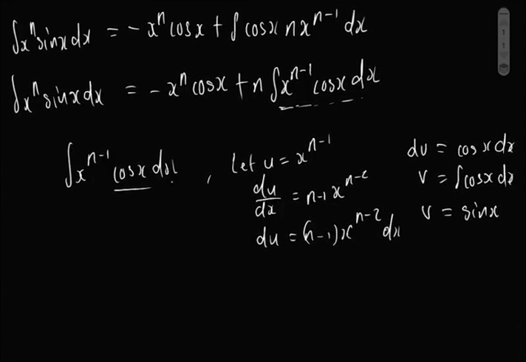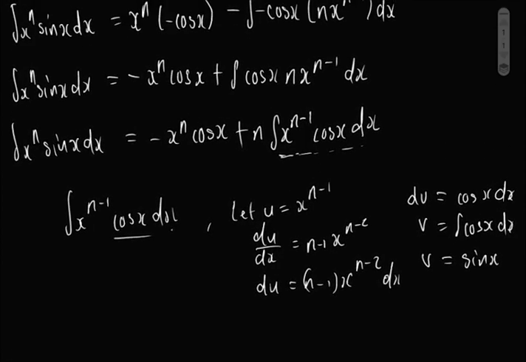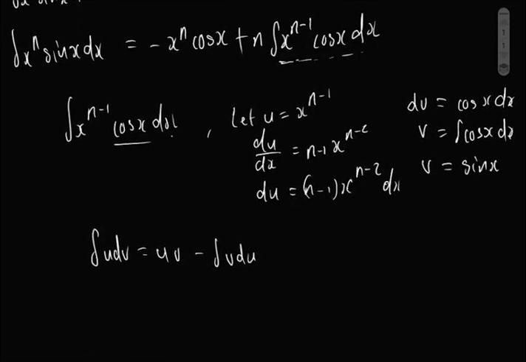So now I know what my integration by parts formula says. It says integral of u dv is equal to uv minus integral of v du. So that means the integral of x to the n minus 1 cos x dx is equal to uv.